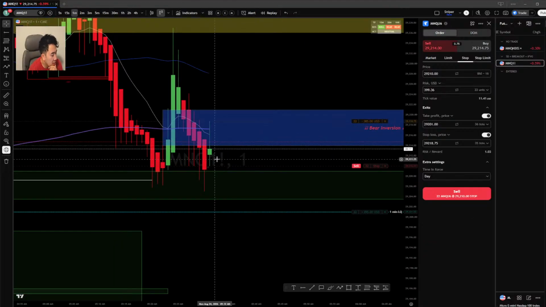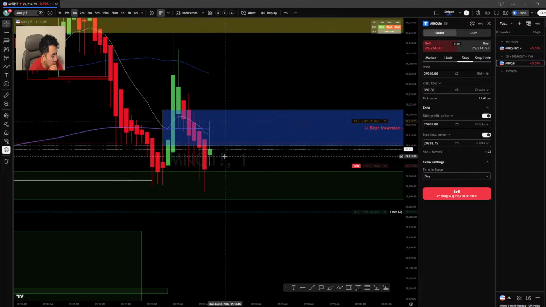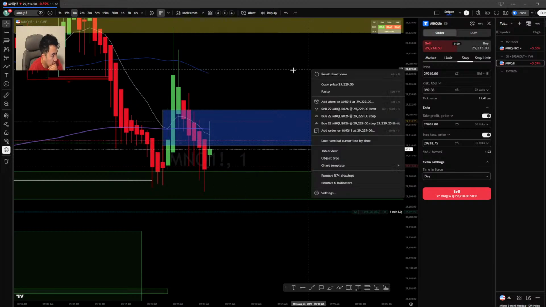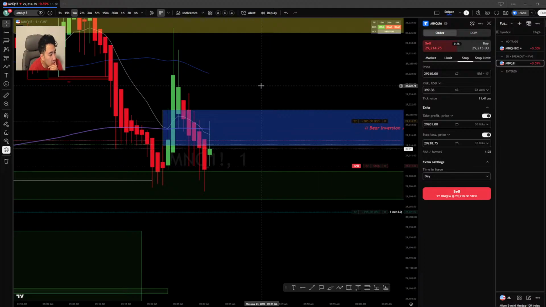I'm gonna need a long lower wick. The lower wick has to be longer than the upper wick for me to enter, and I'd use that candle to break off of to enter.